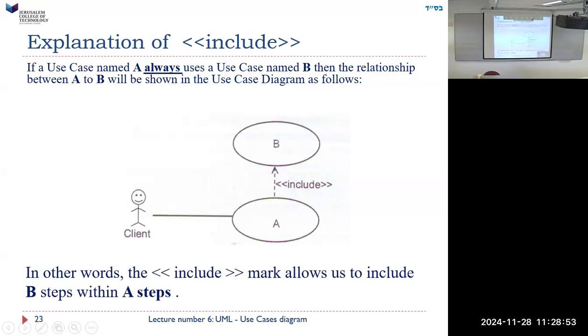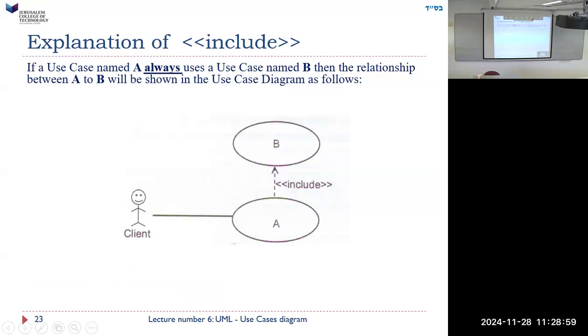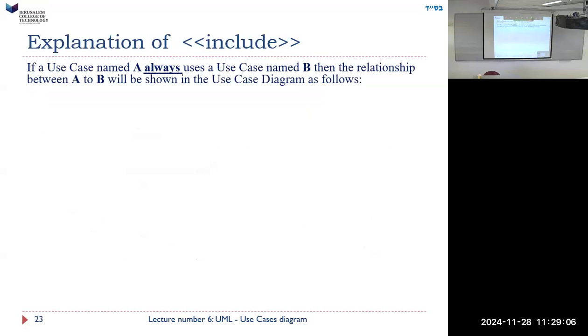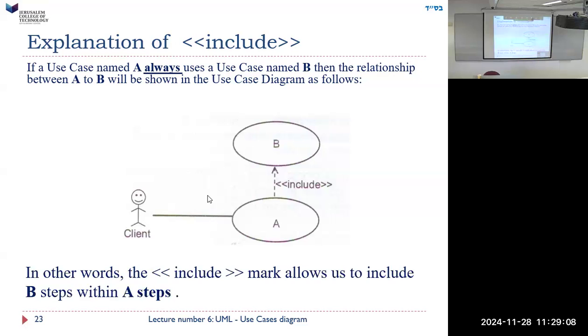In other words, the include mark allows us to include B steps within A steps. Because we're going to see that for A, it's not enough to just write, make an appointment. We're going to eventually write a list of what that includes. So if we do A, we'll always do the steps of B.